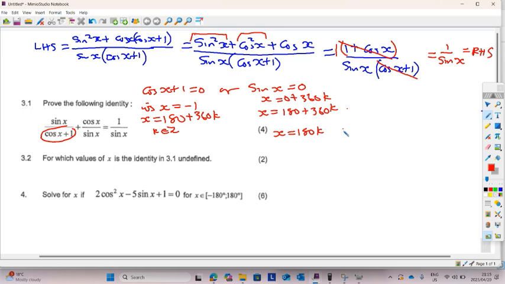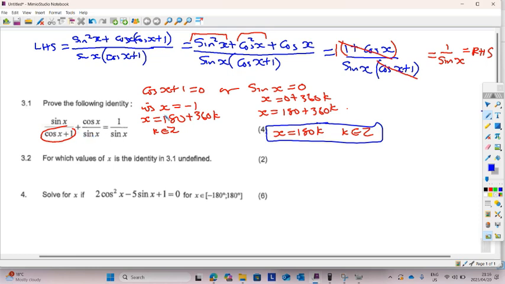Where k is an element of z. When k is equal to 0, we will have 180 times 0, then we have that 0 there, and then when k is equal to 1, we have x is equal to 180 times 1, and then when k is equal to 2, we are going to have x is equal to 180 times 2, that is 360. So these are the two general solutions that we have.